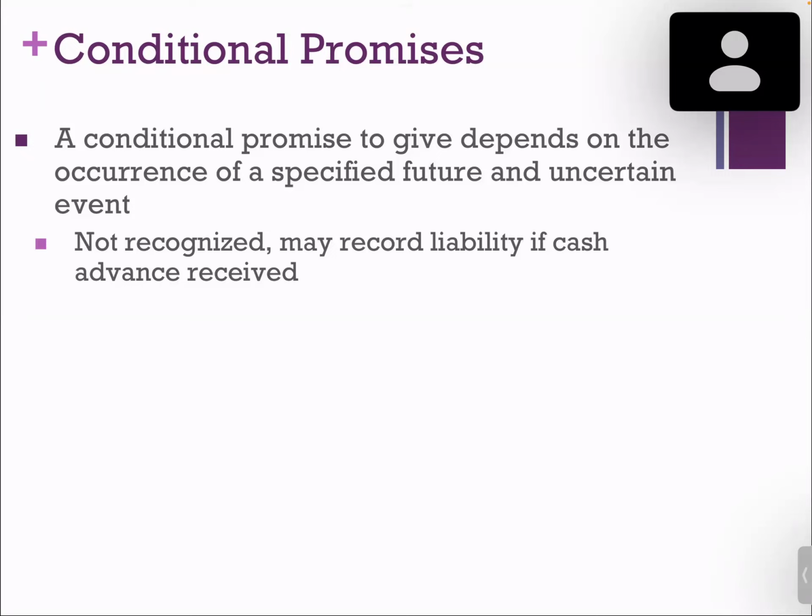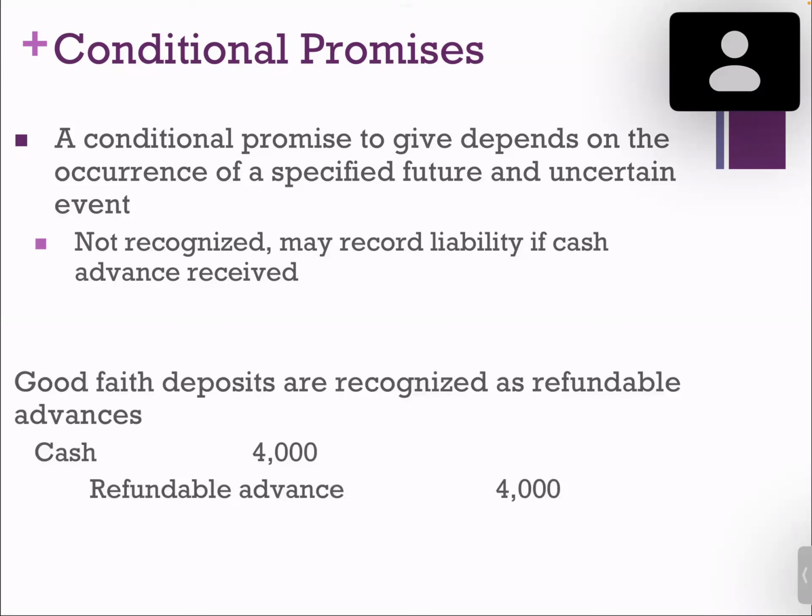Okay. So if they give us money in advance, so they say, here, we're going to pledge $10 million to build your daycare facility. We'll give you $100,000 in advance to help get everything done. The $100,000 in advance is actually a liability.